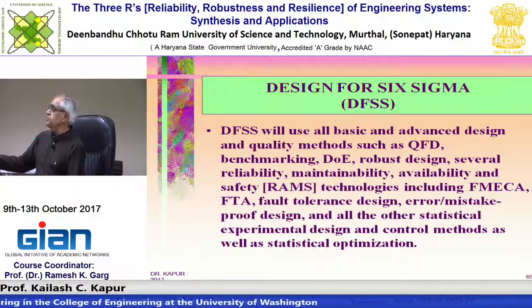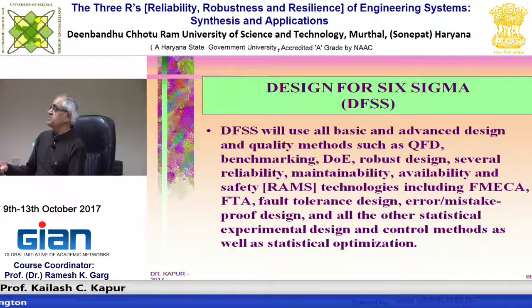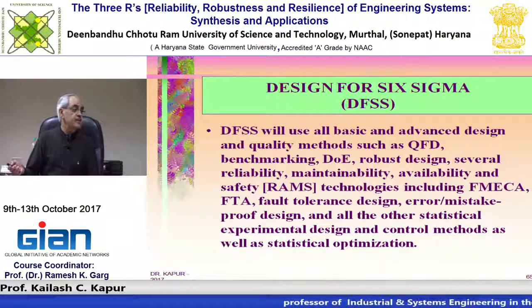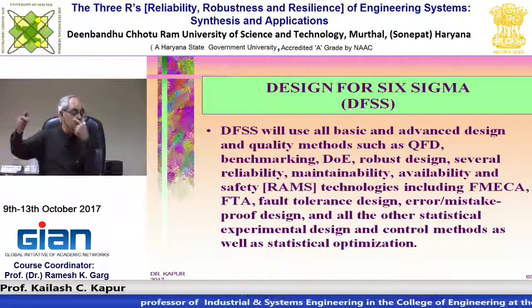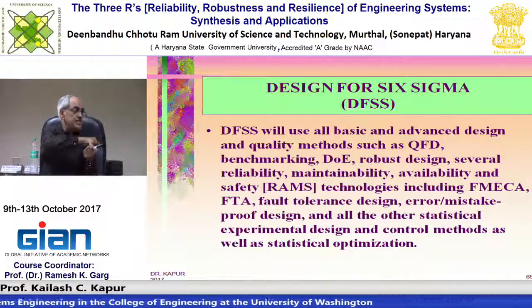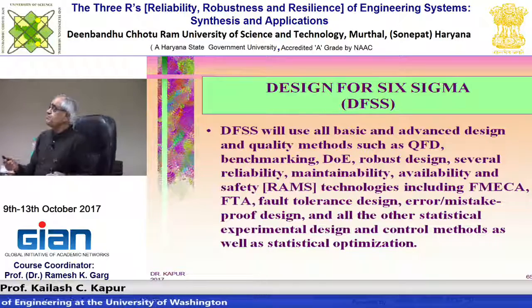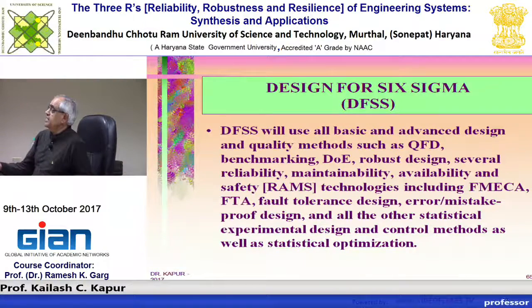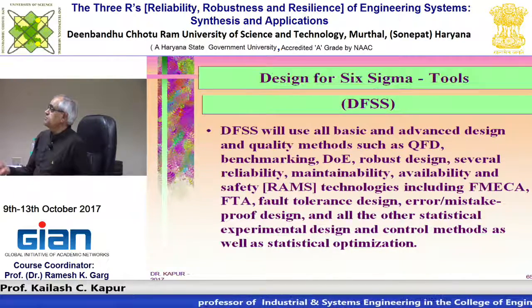We'll use all the basic and advanced design and quality methods. You know this word? Yeah, very good. That idea is how do you translate customer requirements to engineering requirements? We talked about benchmarking. This is design of experiments. We talked about robustness and so on.